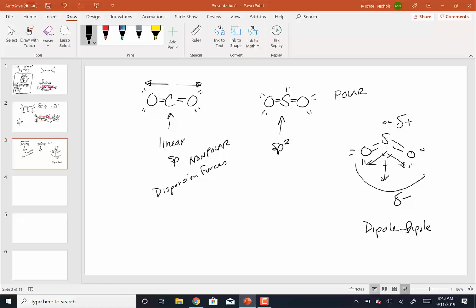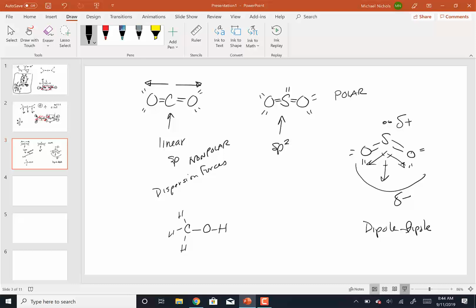The stronger dipole-dipole force would be hydrogen bonding. For hydrogen bonding, the only thing we have to remember is this: let's say I have two methanol molecules.